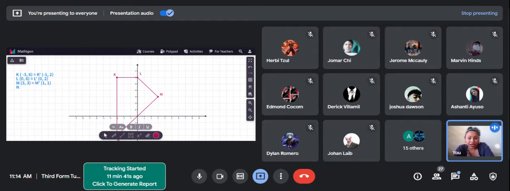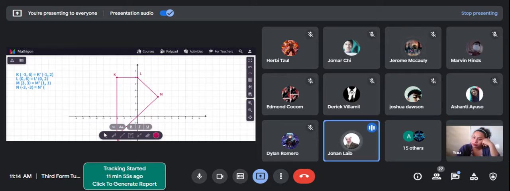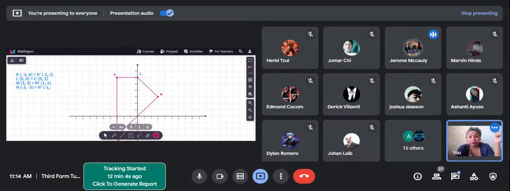N is negative 3, negative 3, and I need to find N1. What is negative 3 times 1/3? Negative 1. Very good. Negative 3 times 1/3 again is negative 1.